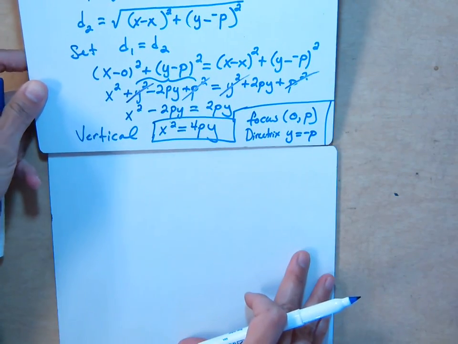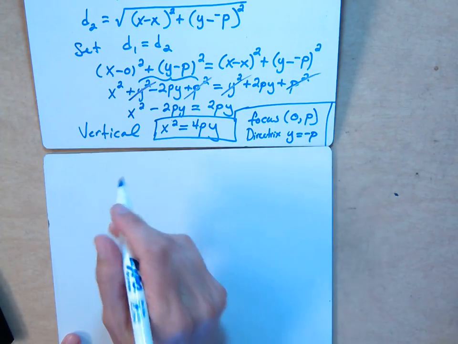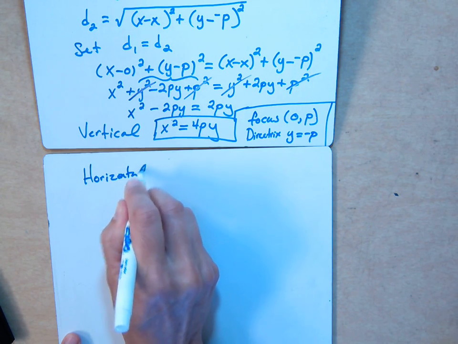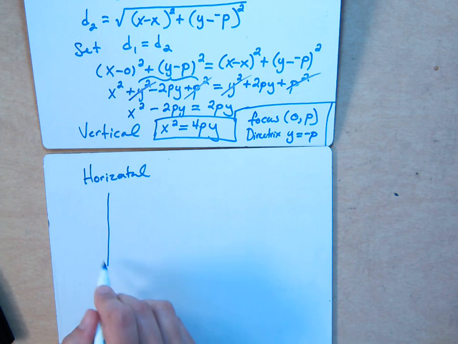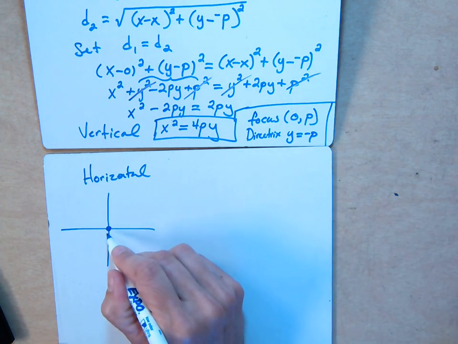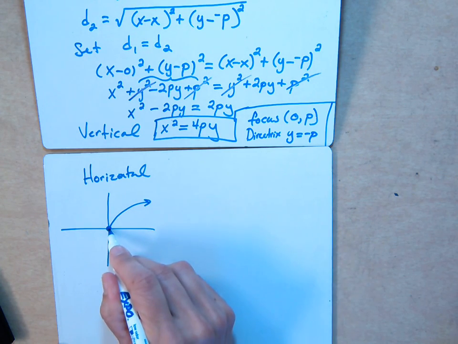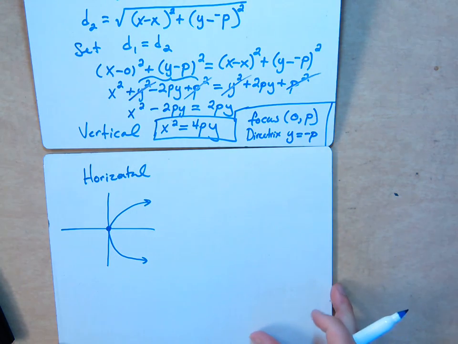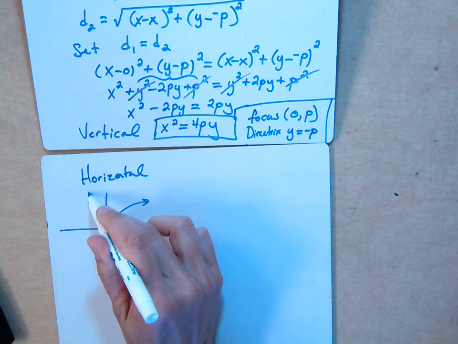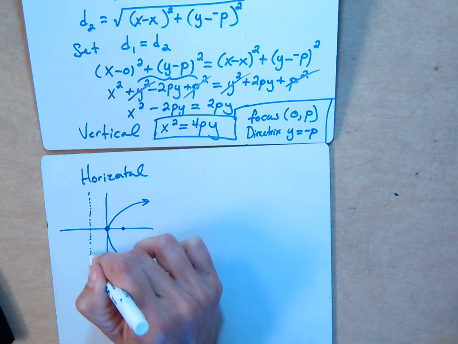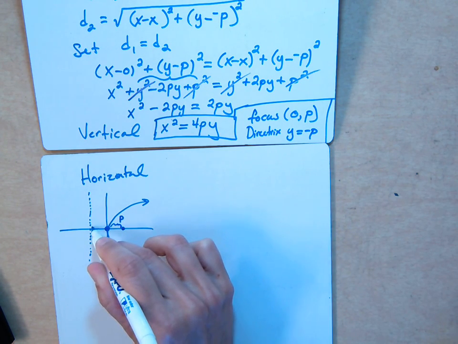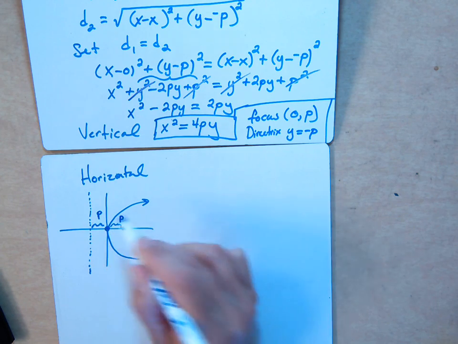And then for opening horizontal, if it opens along the x-axis, remember the vertex is always at 0, 0, and let's just say it opens to the right. So you have your focus point here and your directrix here, and they're both p away from the vertex. So this distance is p, this distance is p.